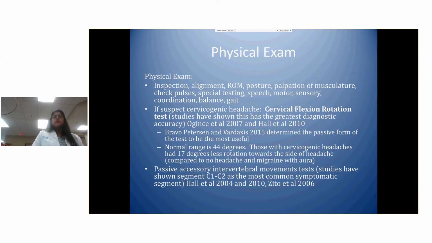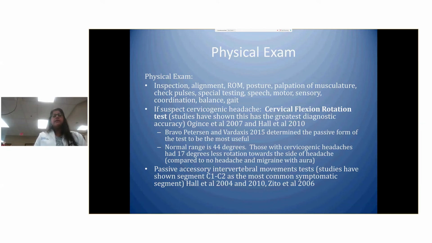Normal range of cervical rotation on average is 44 degrees. Those with cervicogenic headaches passively tested, once again, had a 17-degree or less rotation towards the side of their headache compared to patients without headache or patients with migraine with aura.